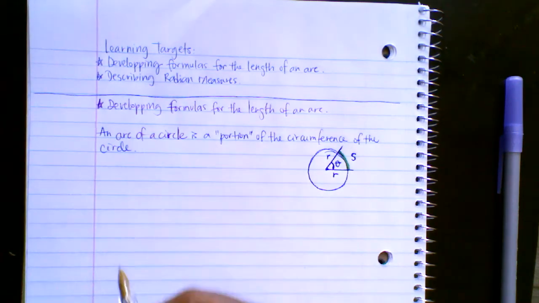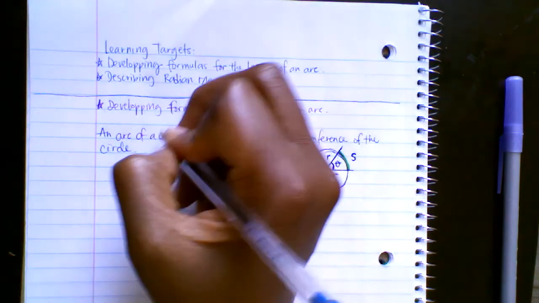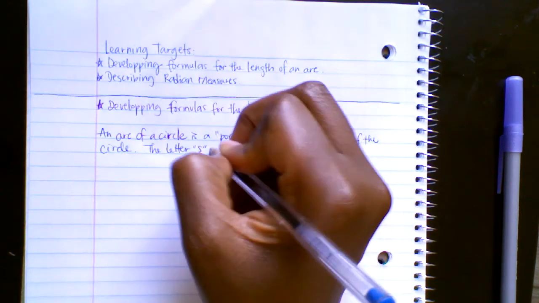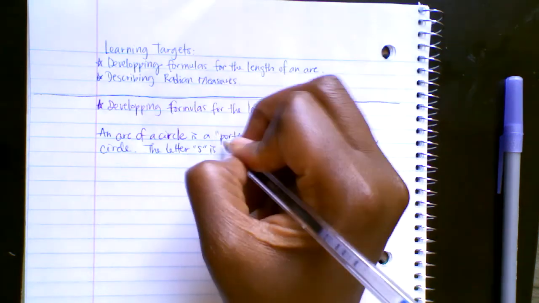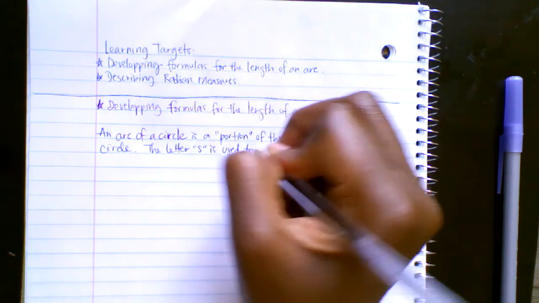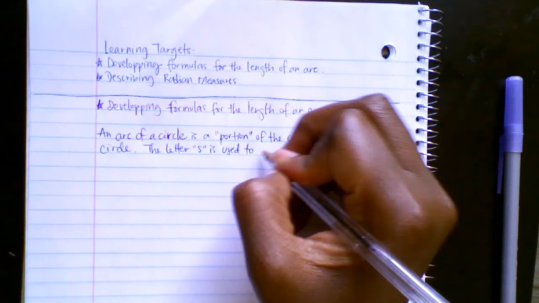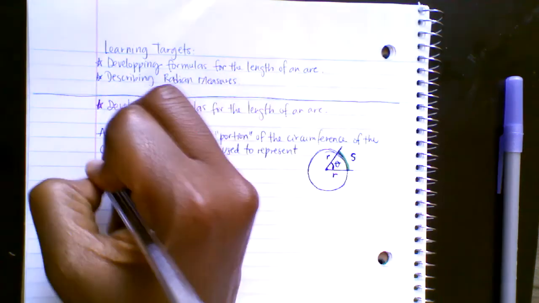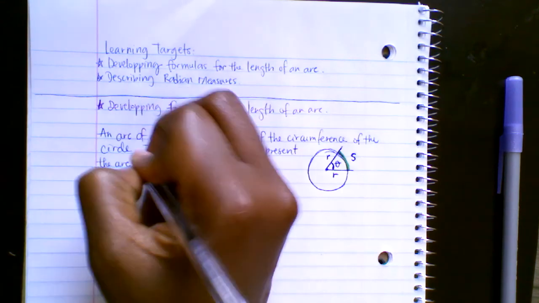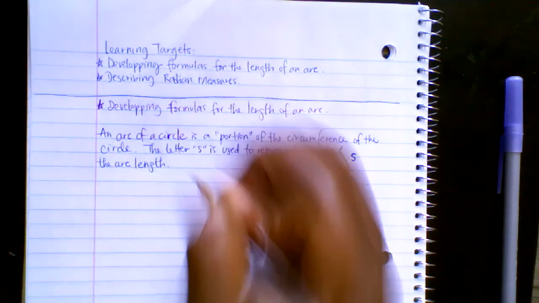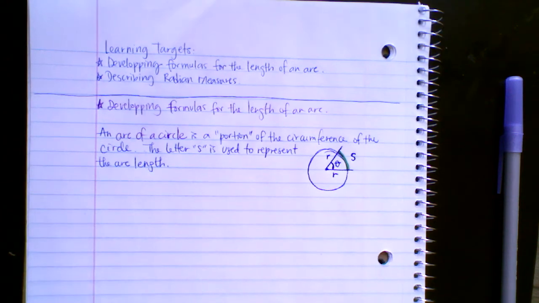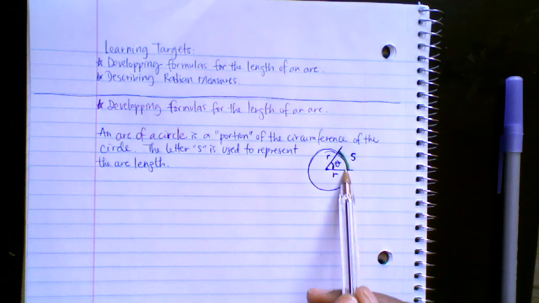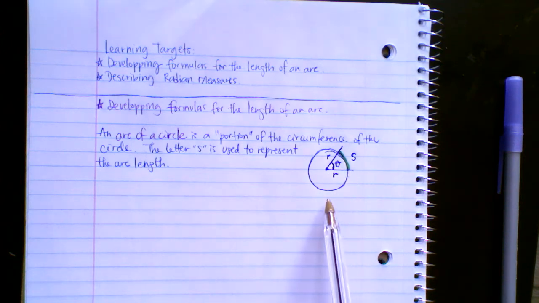So let's write that here. The letter S is used to represent the arc length. Again, S represents the arc length, and the arc length represents a portion of the circle.